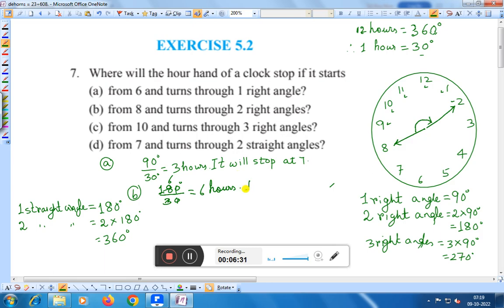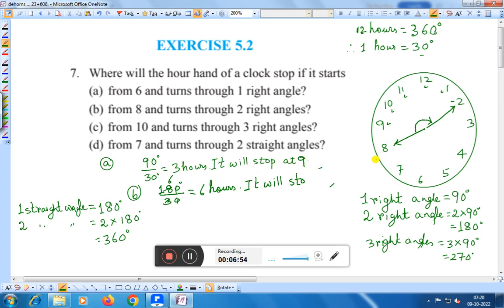That means it will stop at 2. Question number A: 90 by 30, that is 3 hours.